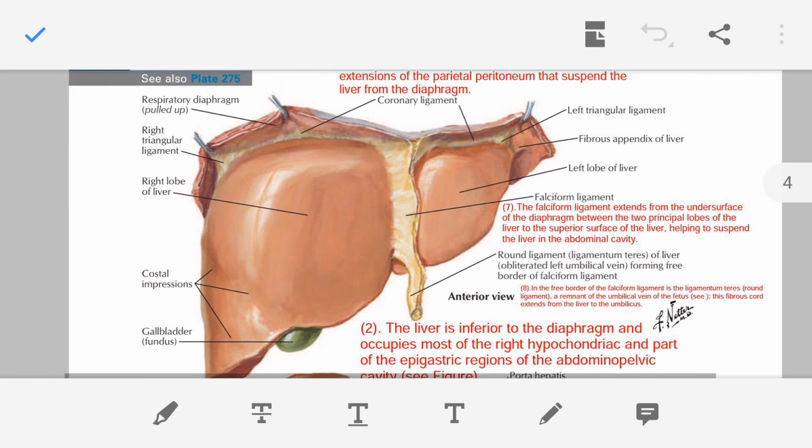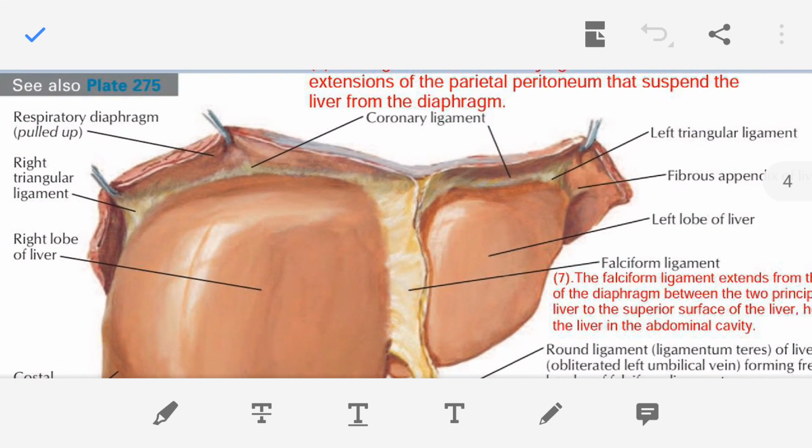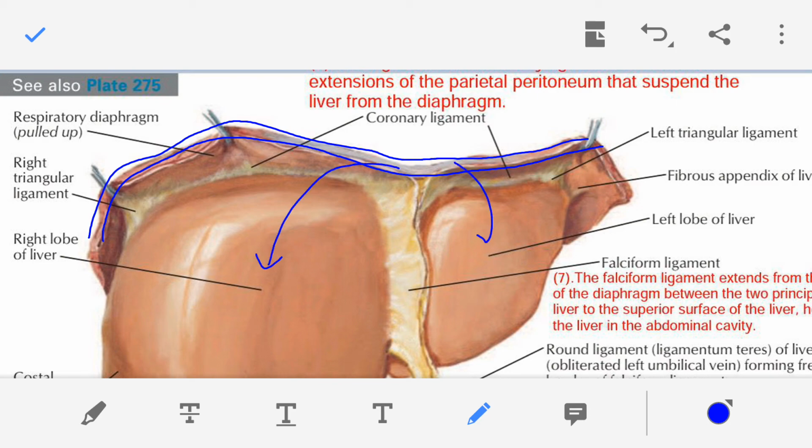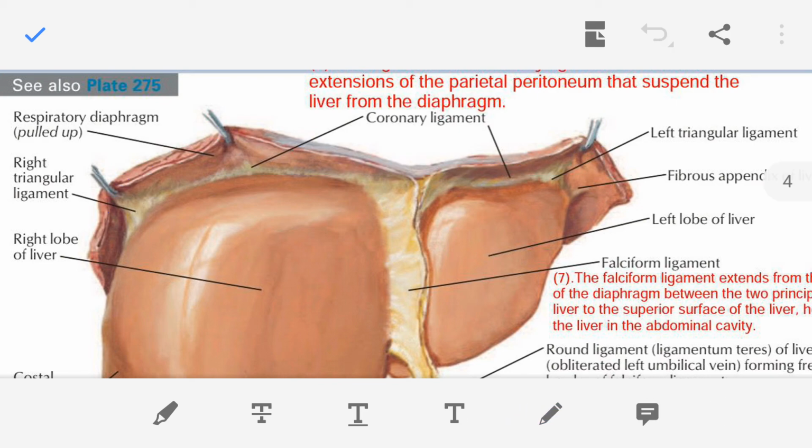In the figure here, as you can see, this is the diaphragm, and inferior to the diaphragm the liver is present.